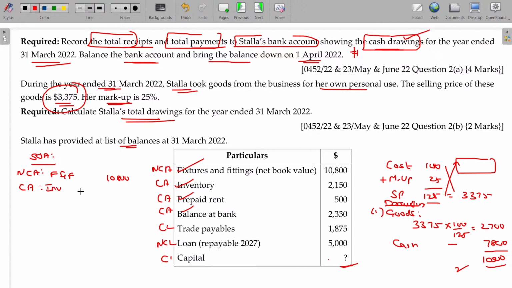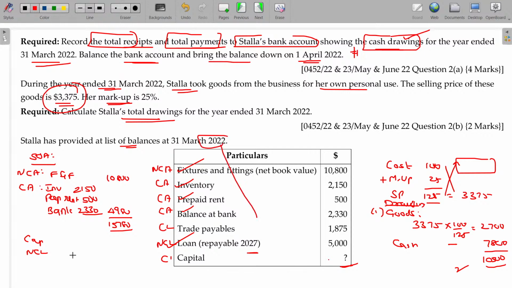Inventory 2,150, prepaid rent 500, bank balance 2,330, the total value being 4,980, total of assets being 15,780, and capital, non-current liabilities. Under non-current liabilities, we have loan repayable in 2027, so more than 12 months.